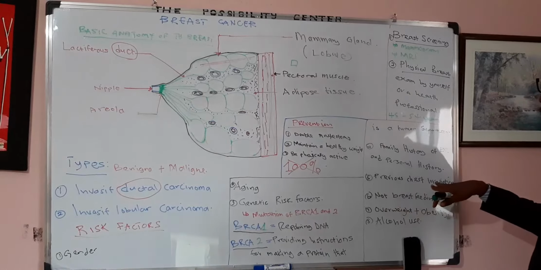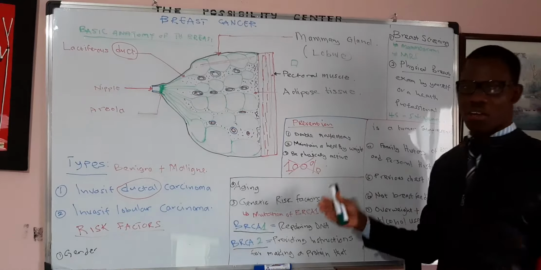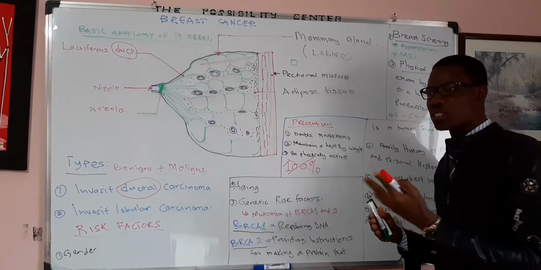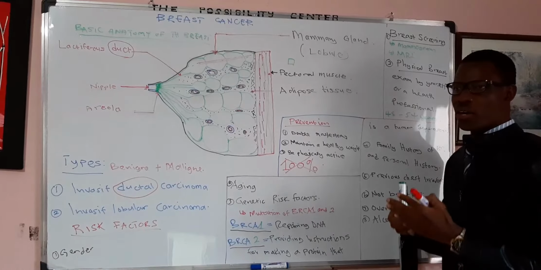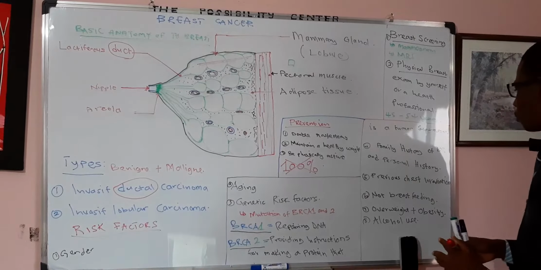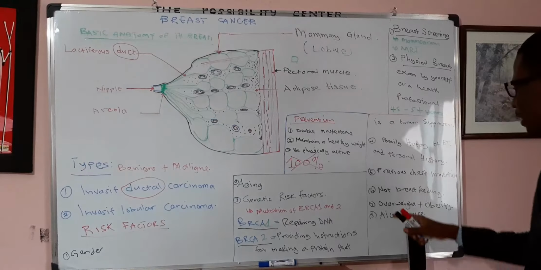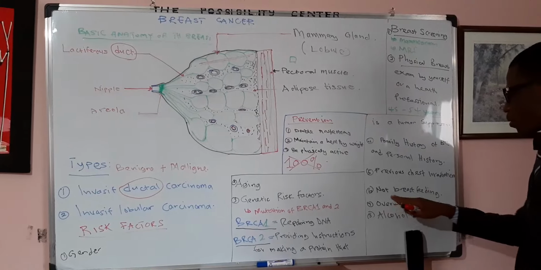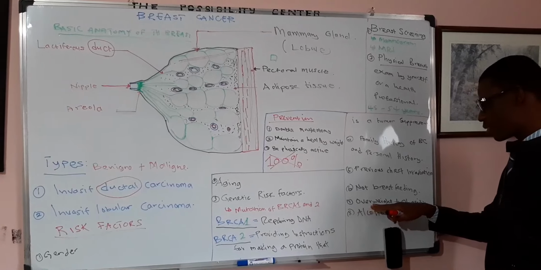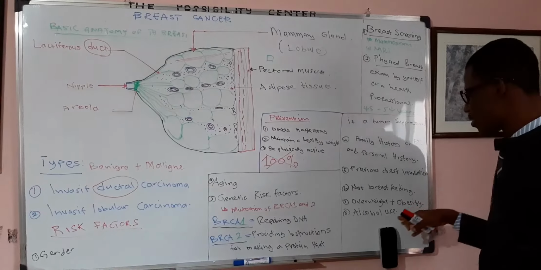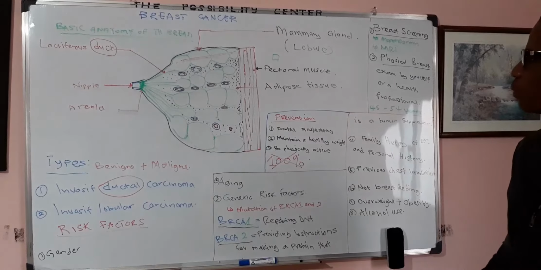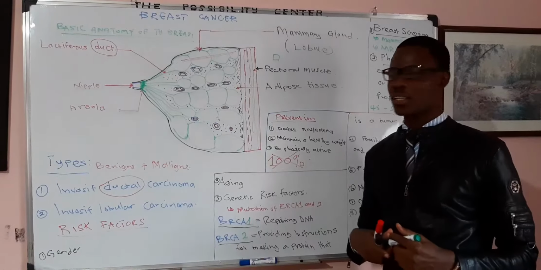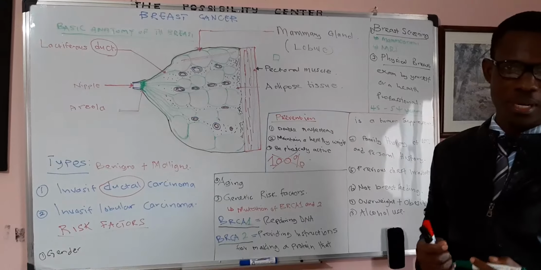Number five, previous chest irradiation, maybe in your childhood you were irradiated with maybe X-ray, MRI. Risk factor number 6, not breastfeeding. Number 7, overweight and obesity. 8, alcohol use.